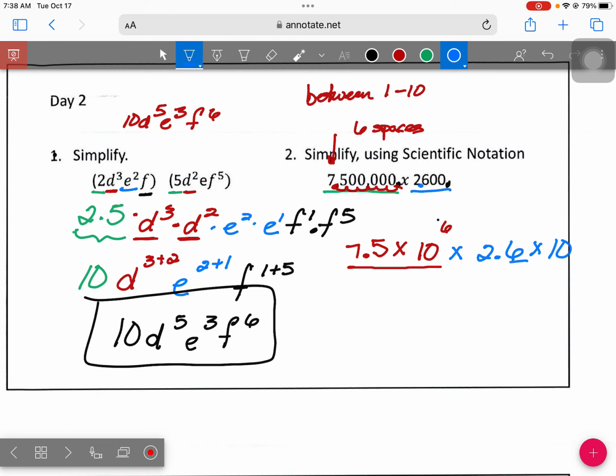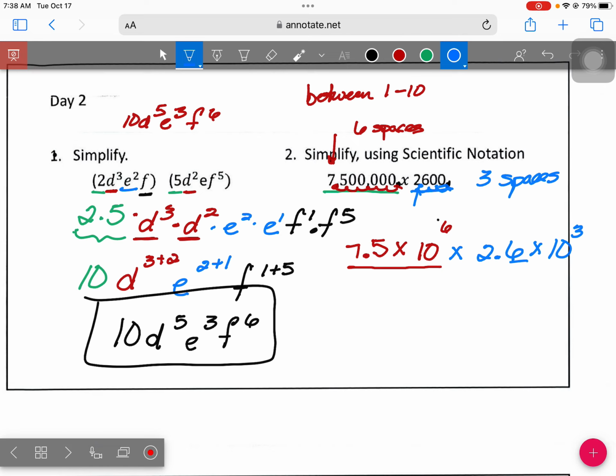So you change this into a number between 1 and 10 times 10 to some power. Now, start with where you moved it, and we went 1, 2, 3 spaces to the right. Okay? To get back to my original number. So that is positive 3.